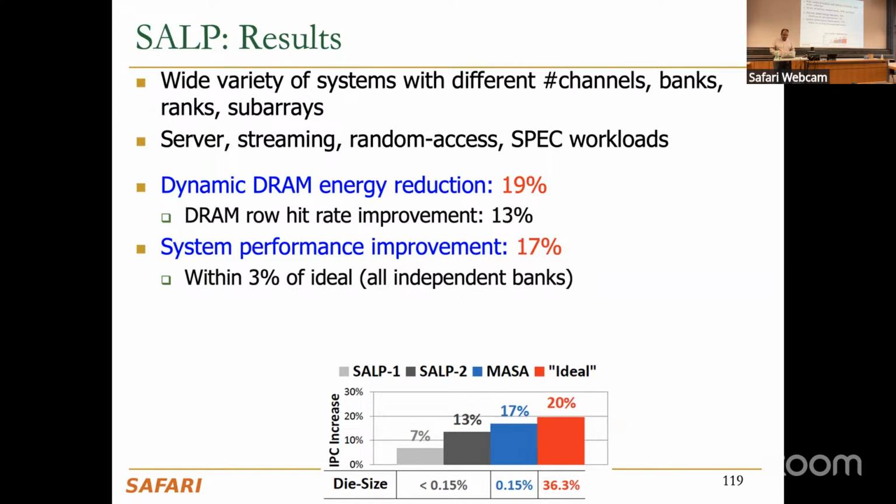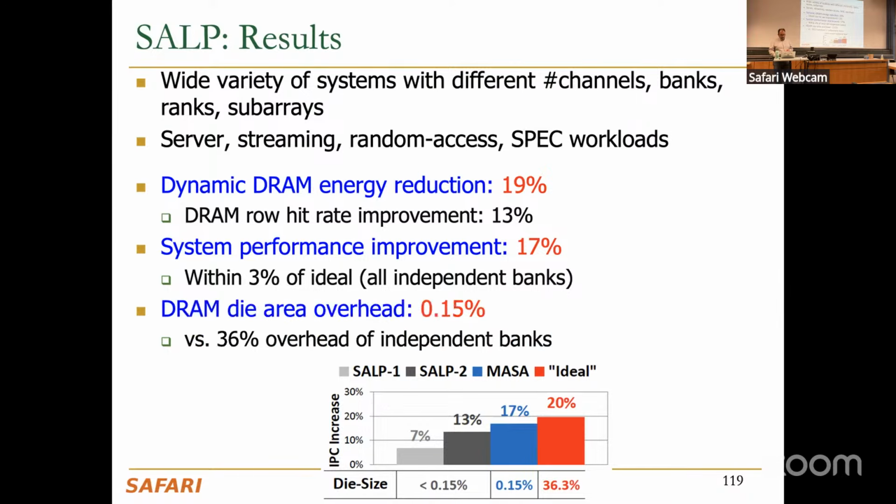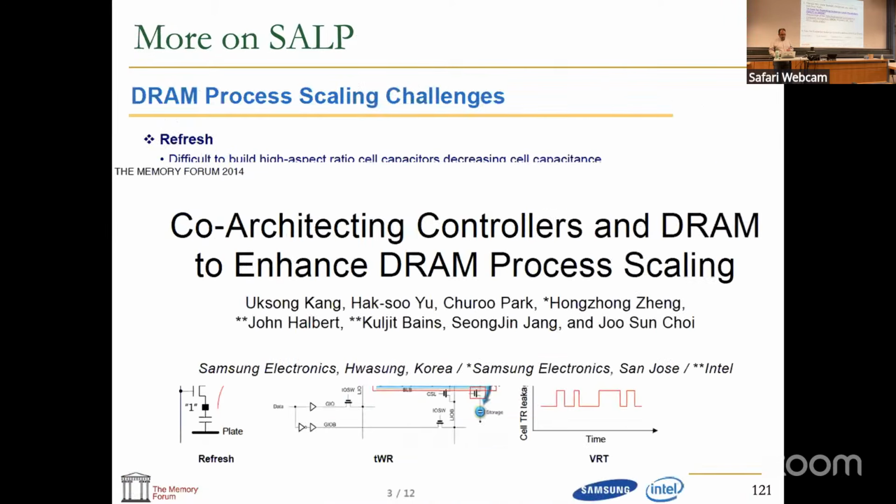But the ideal case provides on average only 20% performance improvement, and with SALP, we provide 17%. So it's in the margin of only 3%. You can see that the cost is much lower compared to that ideal case, but the performance improvement is very much in the margin of it. Okay, so this is SALP.